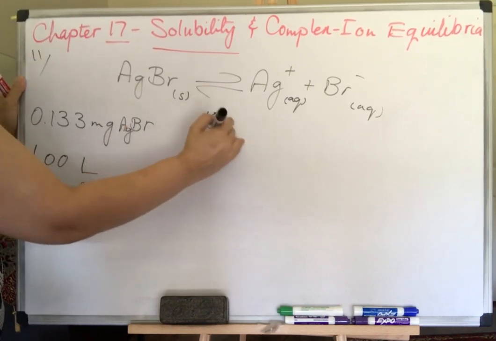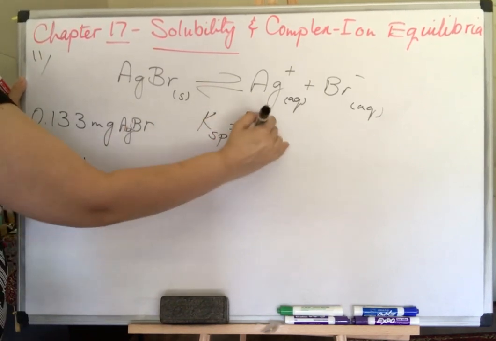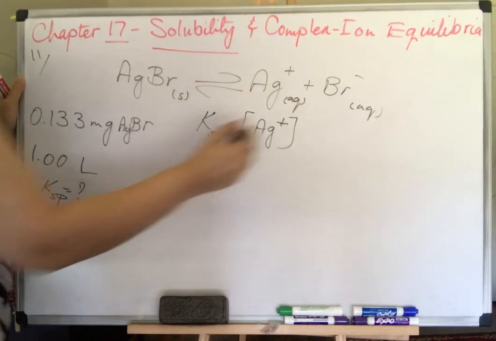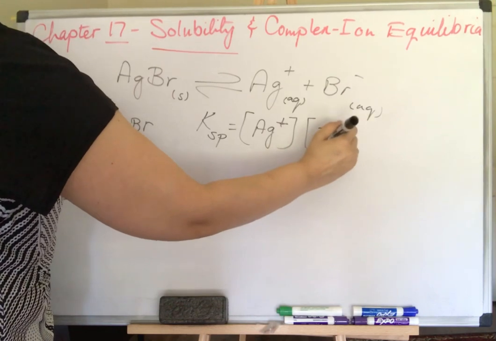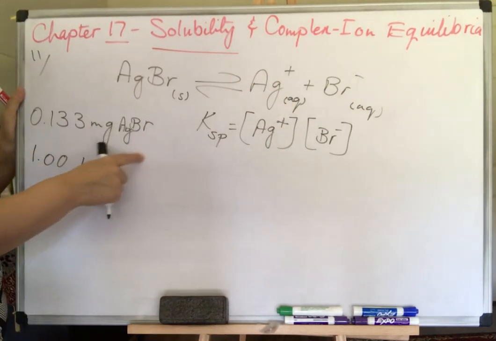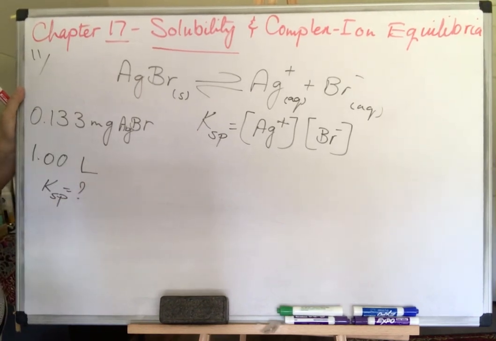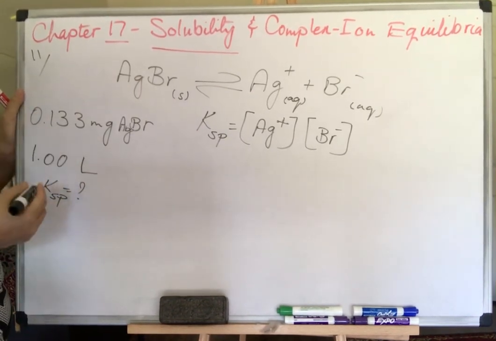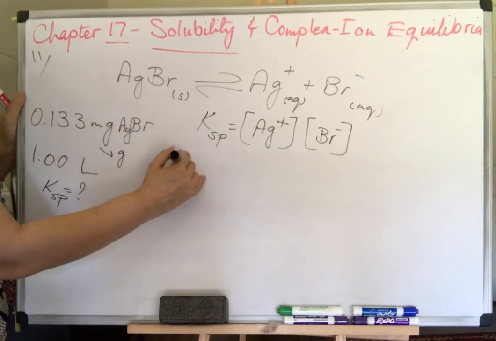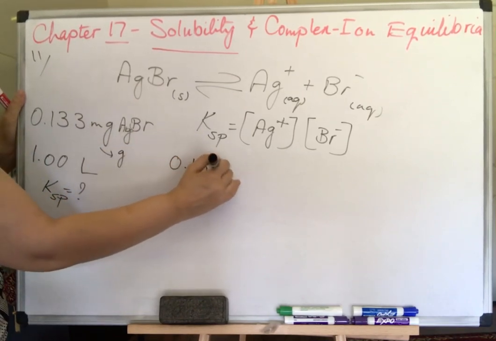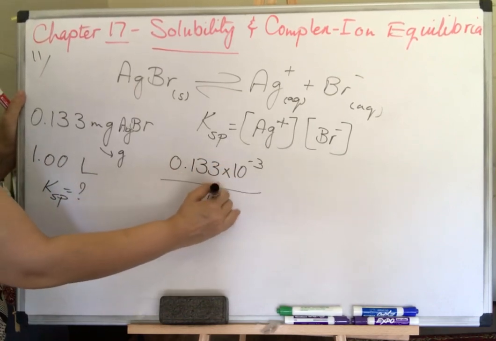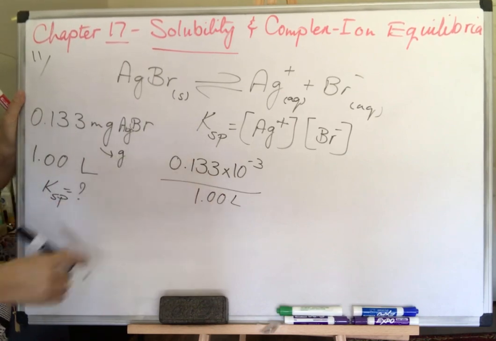First of all, we know how to write the Ksp: molar concentration of Ag times Br. This is the mass, so you need to find the molarity first. It's in milligrams, change it to grams. So it's going to be 0.133 times 10 to negative 3 grams. It's in 1 liter already, so whatever you find would be the molarity.